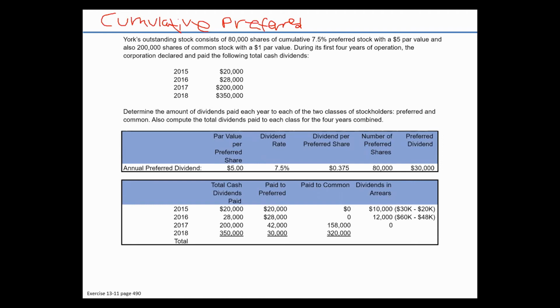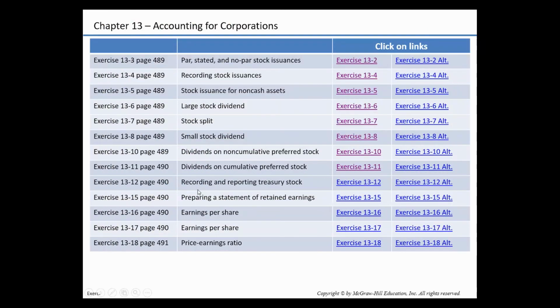Of course, we don't have an arrearage then for our preferred stockholders. Then we can add those up and see the total amount of dividends paid for each year or each type: the total dividends declared, the amount the preferred stockholders received, and the amount the common stockholders received.